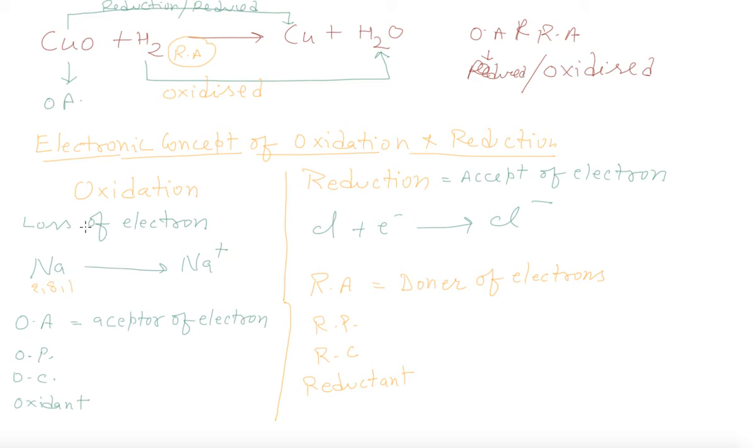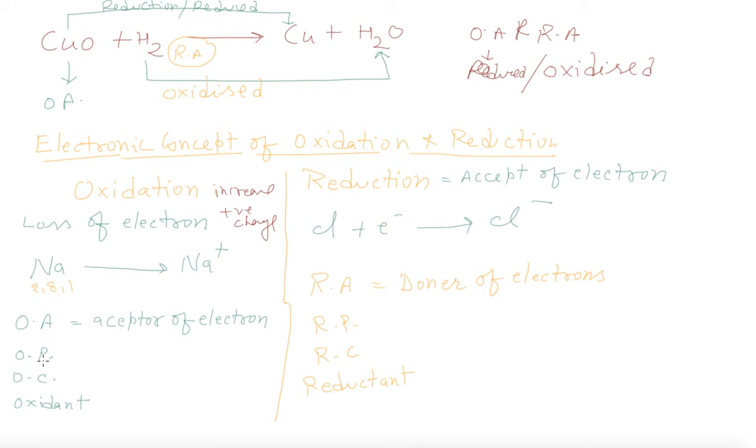You can say oxidation is the loss of electron or increasing positive charge, increasing positive valency. And the oxidizing agent is the reverse of this one, which will take the electron.